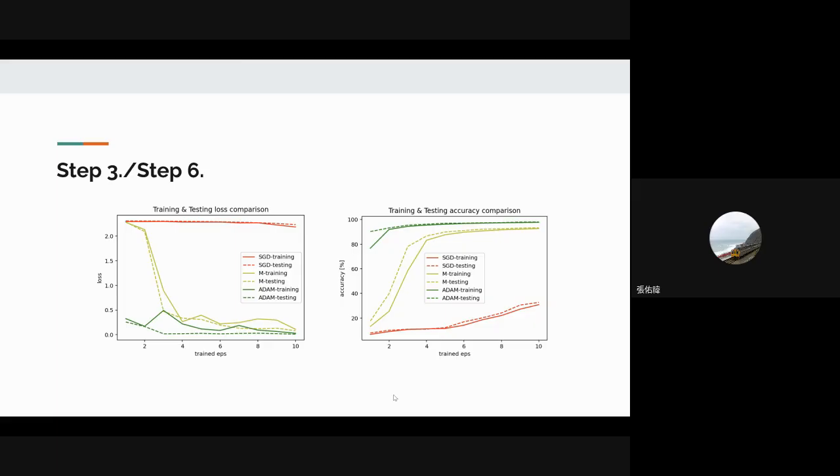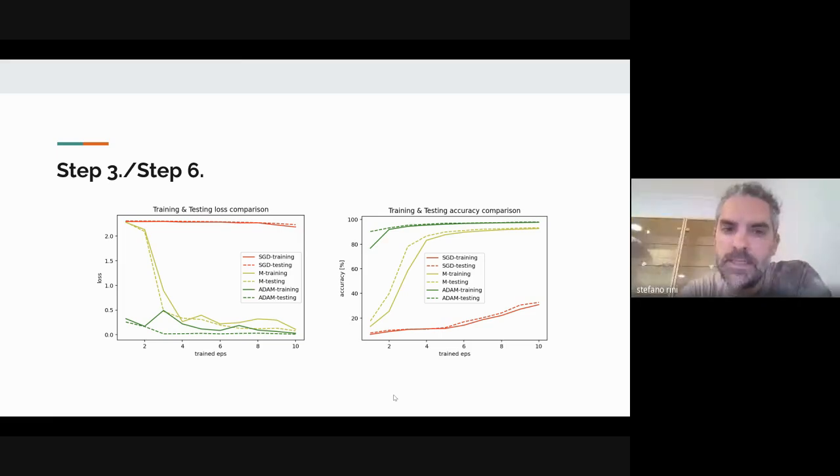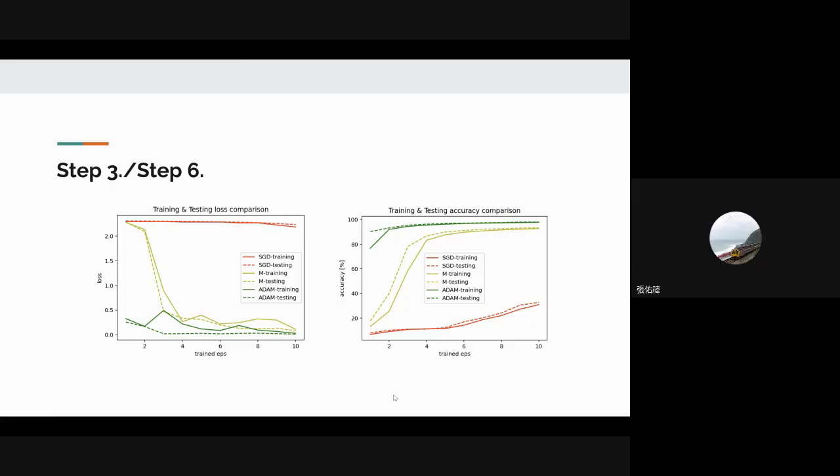For each epoch, I conduct a simple testing with both testing data and training data. Just a question. What is M training here? The momentum? Yeah, SGD with momentum. And the red line SGD is normal SGD without momentum. So as we can see, SGD is too unstable for application unless some momentum is added.